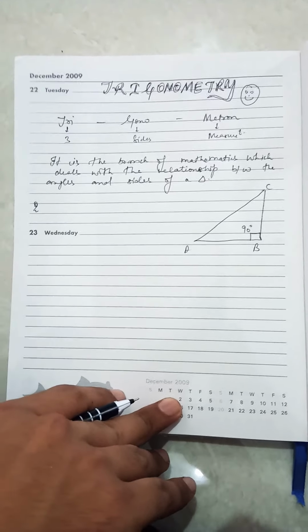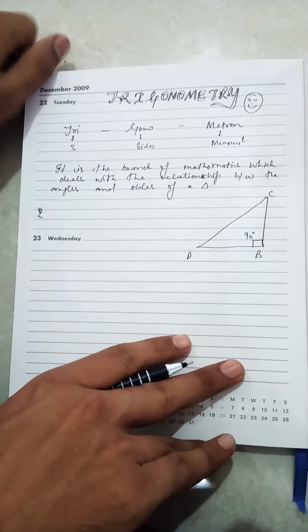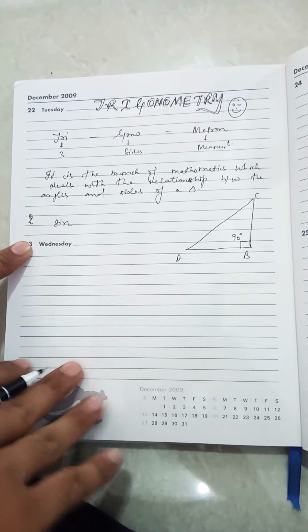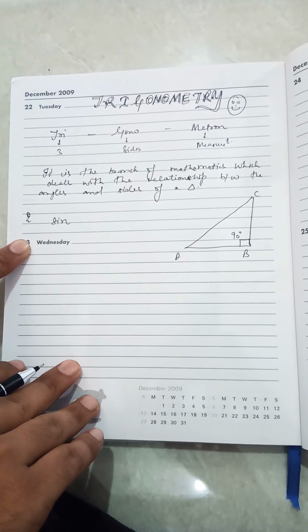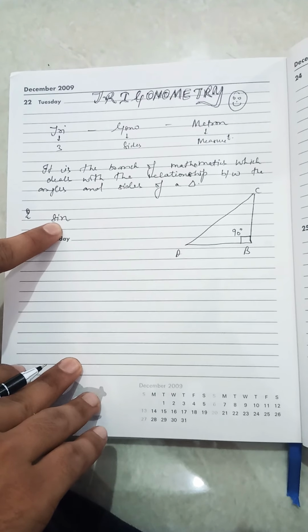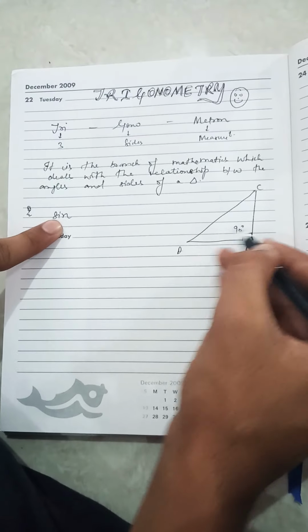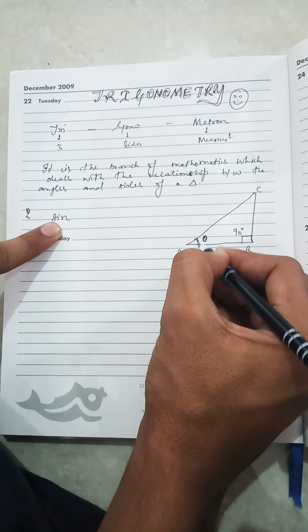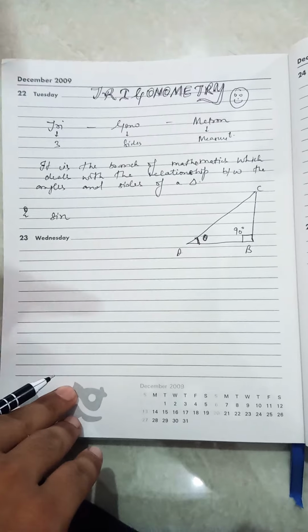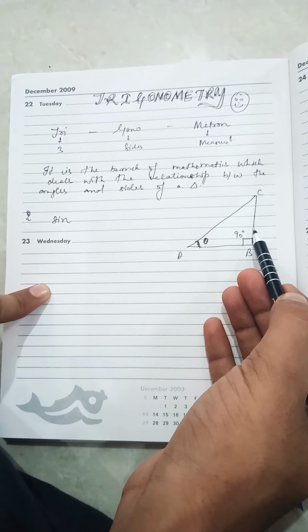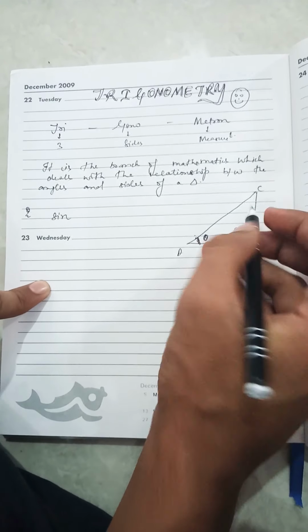So there are mathematical terms. First one is sine. Actually sine is sinus, but in short form we write sine. If we take this angle as theta, it can be any angle, 45, 35, 30, anything, then the side that is opposite to that angle is always called perpendicular.